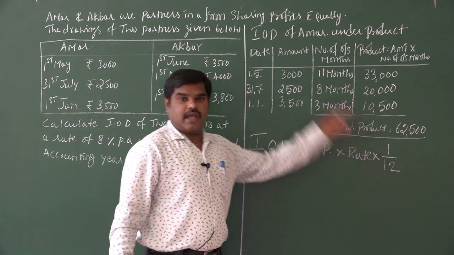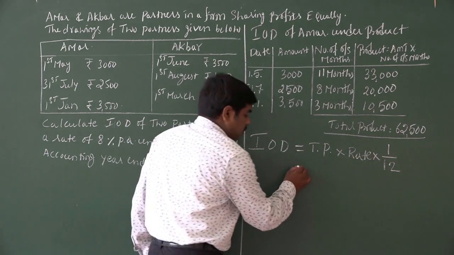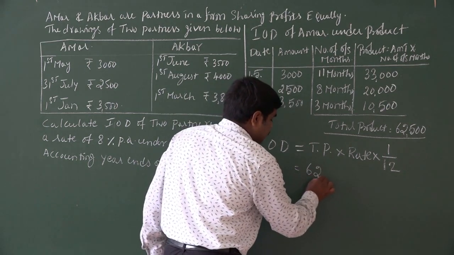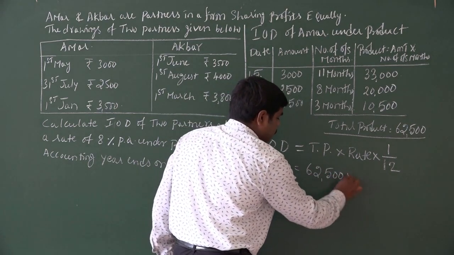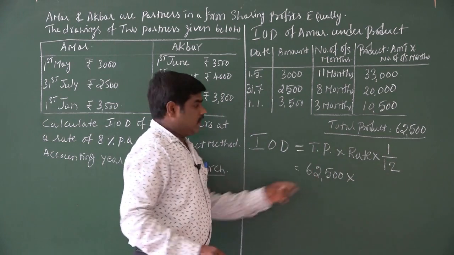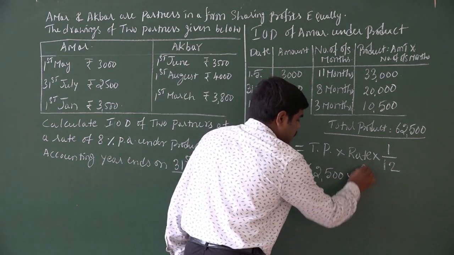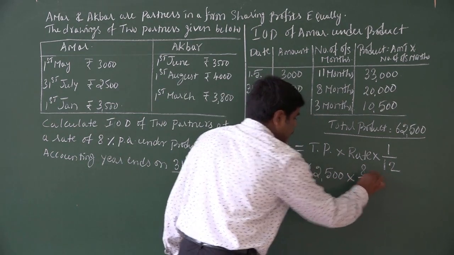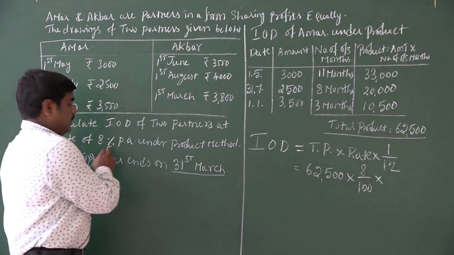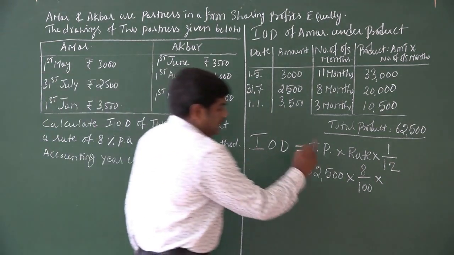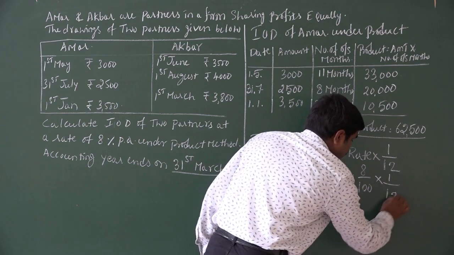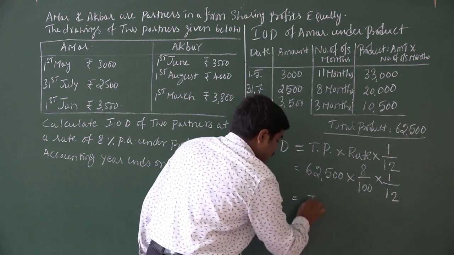In the exam you have to write it in full. This is the formula to calculate under the product method. Total product is 62,500, rate is 8%, into 1 over 12.